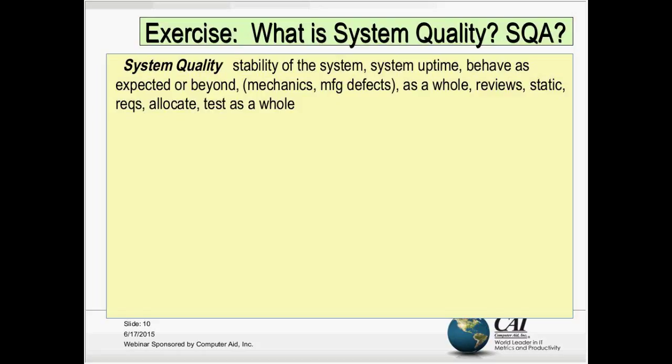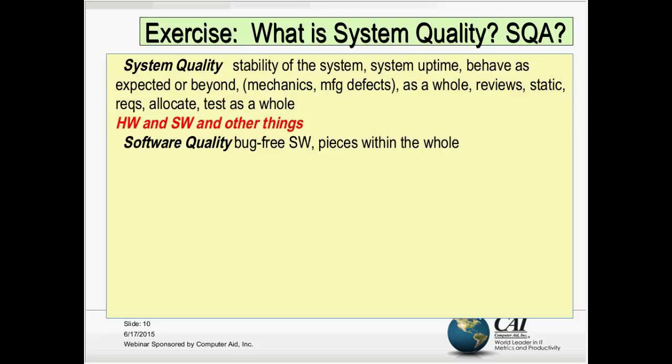So I've listed here some of the things that people in class have said are what they think of when they say system quality and what they think of when they say software quality. And then I'll summarize what it really comes down to.